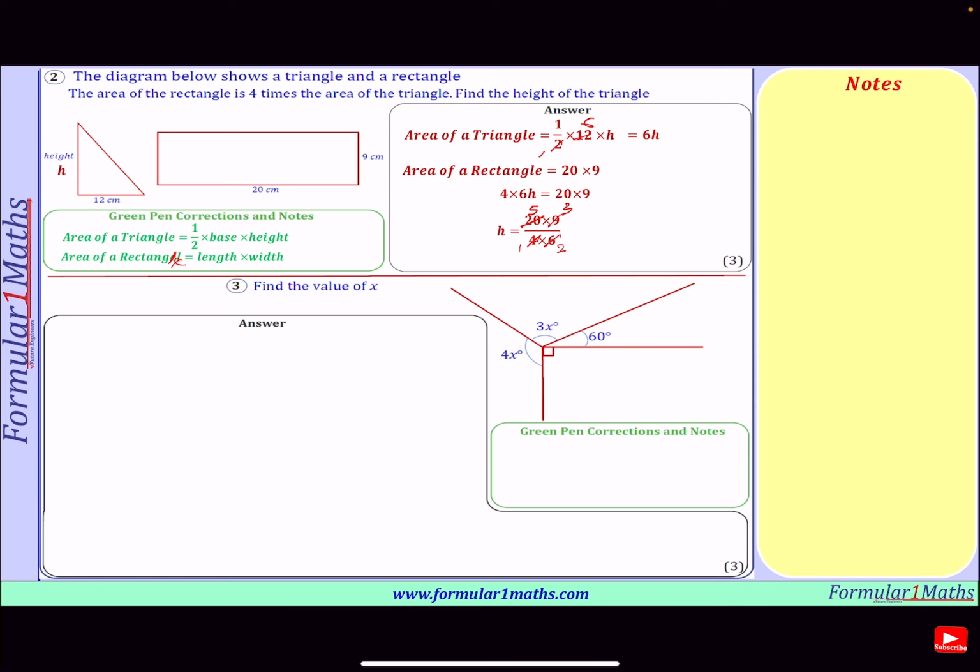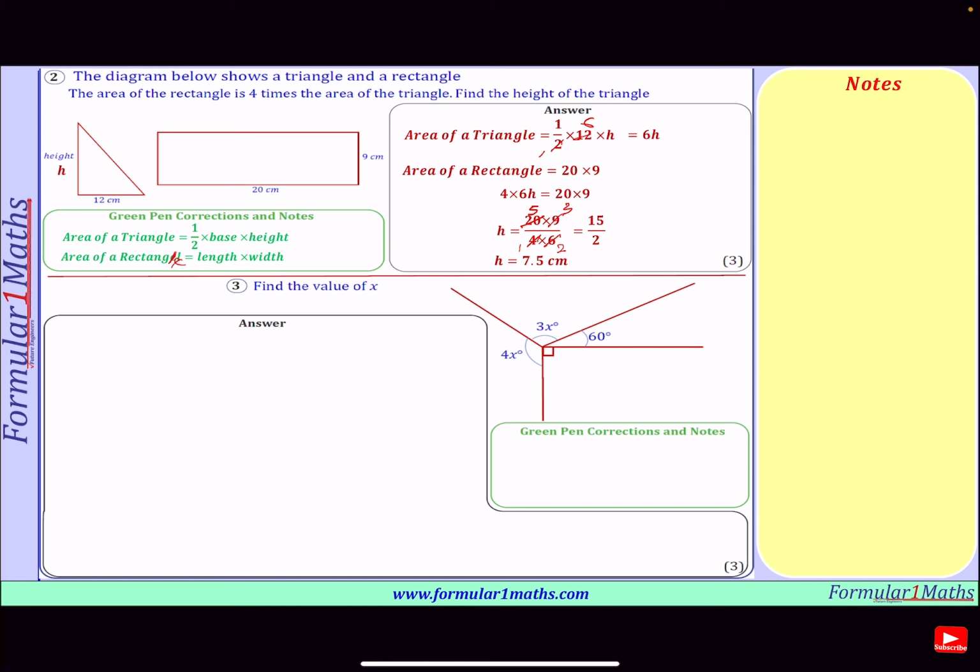So I'm left with 15 over 2. But 15 over 2 is the same as 7.5 centimeters. So the height of the triangle is 7.5 centimeters.